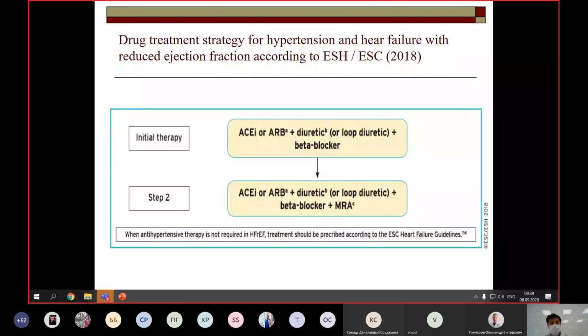But the treatment algorithm is based on the idea that patients who have HFrEF, heart failure with reduced ejection fraction, might have some difficulty in the treatment. On the slide, we can see the specific approach. To initiate the treatment, please use a combination of ACE inhibitors or ARBs plus loop diuretics plus beta blockers as the initial therapy.